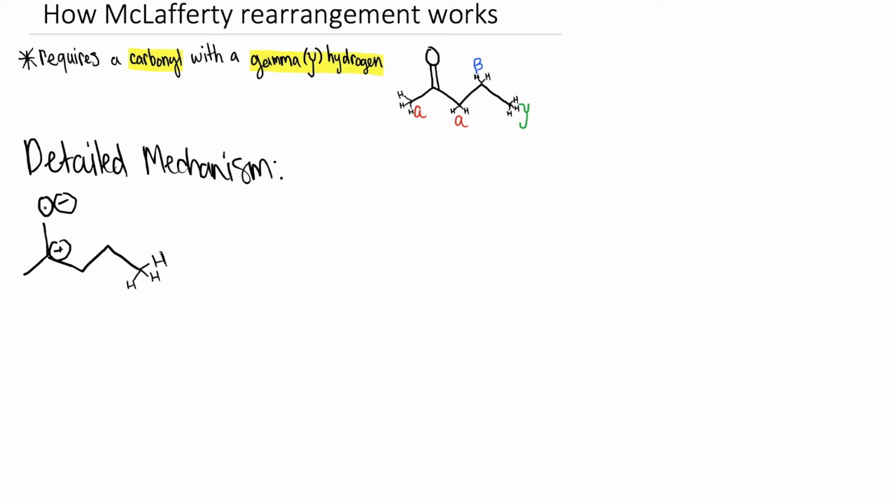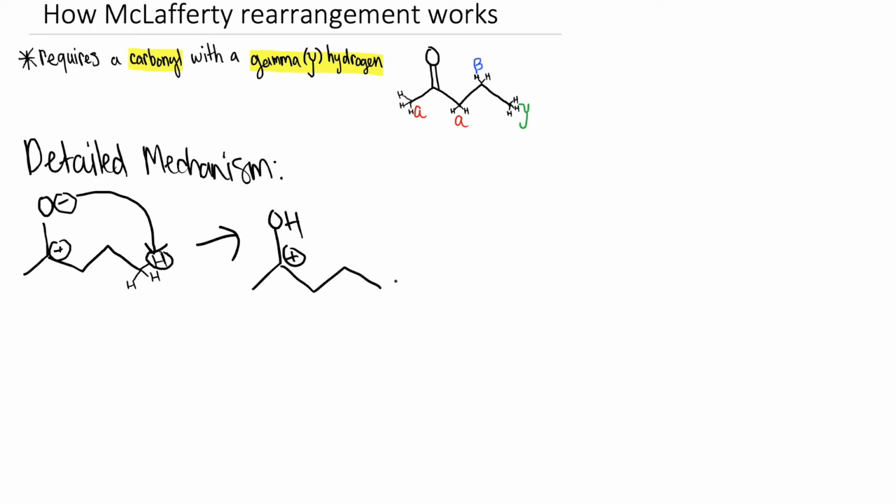A negatively charged oxygen is actually a good base, and bases extract hydrogens. So what this negative charge, this lone pair, will do is go out and snag a gamma hydrogen.